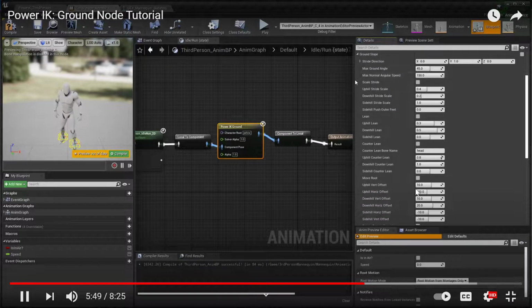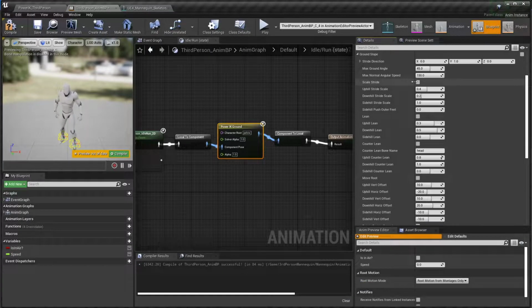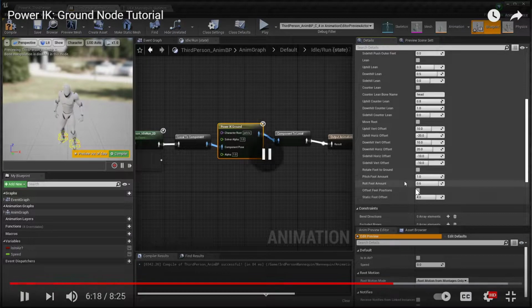But it's essentially broken into sections where you can choose to scale the stride of the character, to have the character lean into and out of uphill and downhills. You can have a counter lean bone. This is like in the case of bipeds. If they're going downhill, they'll typically tilt their head down to look down the hill, and vice versa. That's what counter leaning means. You can also move the root of the character up and down, depending on whether they're going up or down a hill or on a side hill.